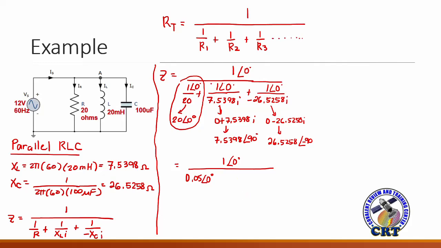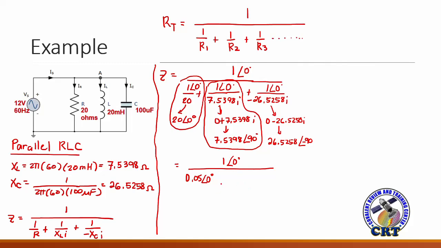While for the second portion, 1 angle of 0 divided by 7.5398 angle of 90. So that is 1 over 7.5398.